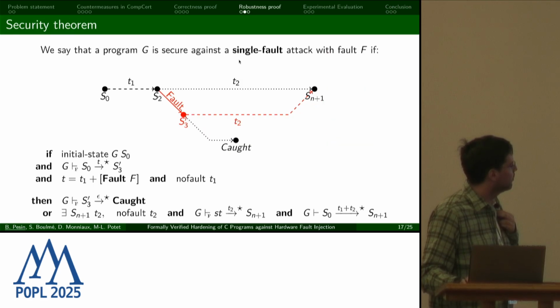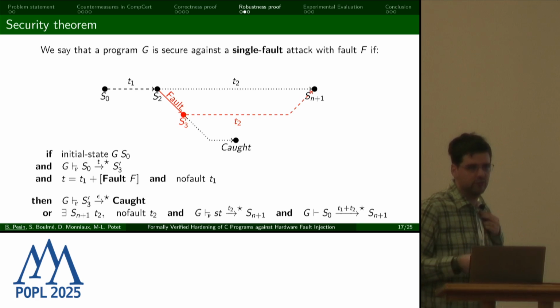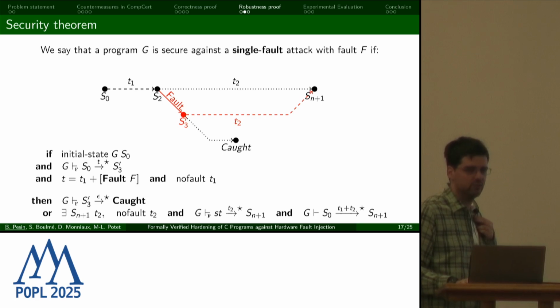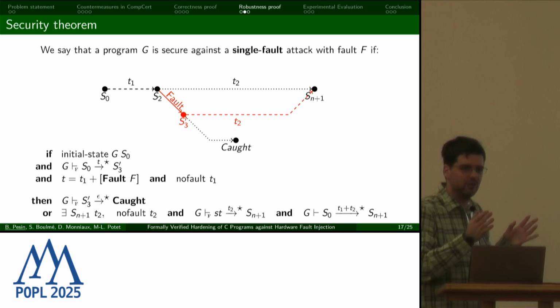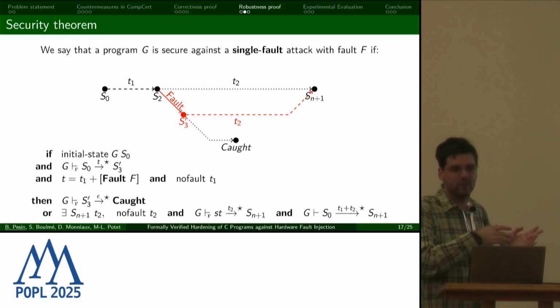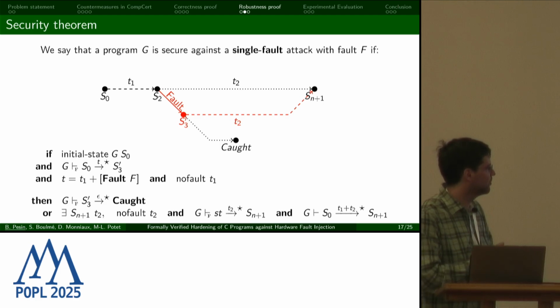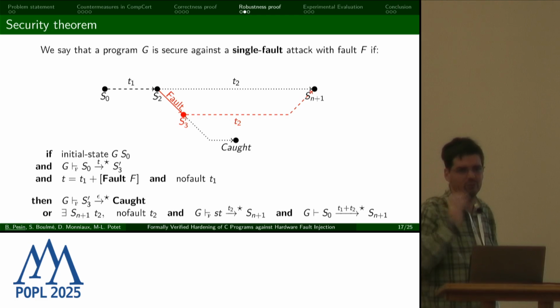We haven't written the version for multi-fault attacks yet, but we believe it would be more complicated, because you need somehow to count the attacks, and you have some combinatorics which says when did one fault occur, when did the next one occur. So we didn't give this definition, and therefore we couldn't prove what you proposed. I think the proof would probably be quite complicated, but I haven't thought about it in detail.